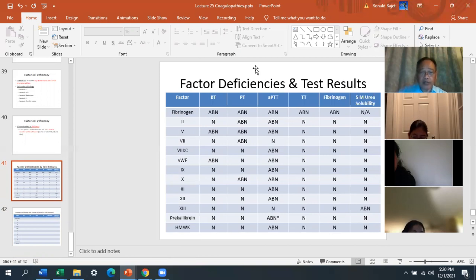So if you start with the first column, I'm going to show you how to memorize this, unless you've already memorized this. You have abnormal 1, abnormal 2, then abnormal, and then the rest are normal. So abnormal 1, abnormal 2, meaning the 1 normal, abnormal 2 normal, then another abnormal, and then the rest are normal. Okay, that's for the bleeding time, the first column.